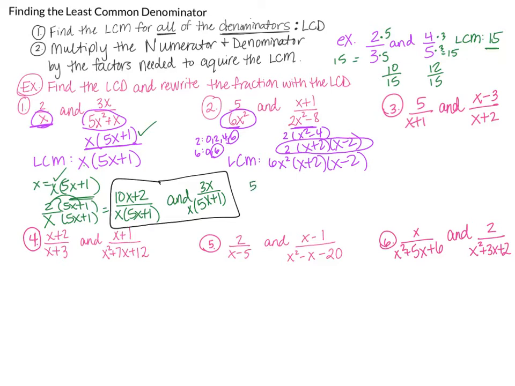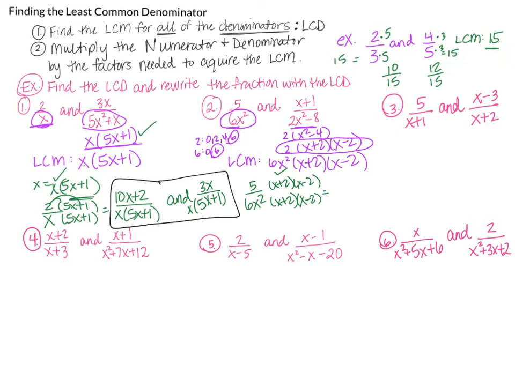Looking at my first fraction, 5 over 6x squared. I've already got that 6x squared, but what I need is the x plus 2 and the x minus 2. So I'm going to need to multiply 5 times my x plus 2 times my x minus 2.